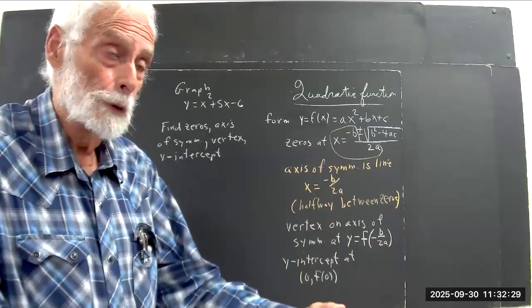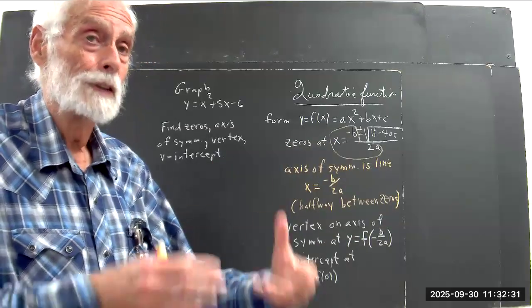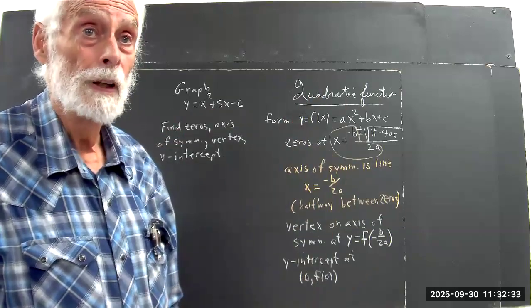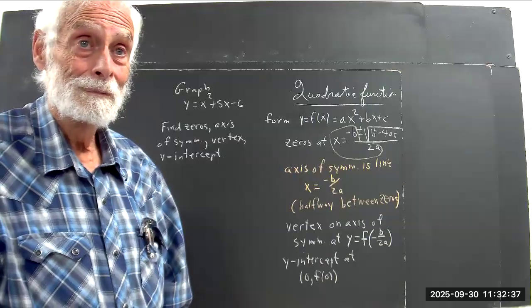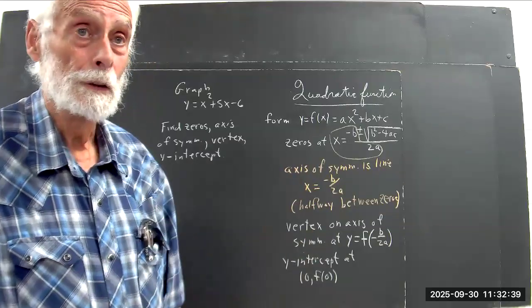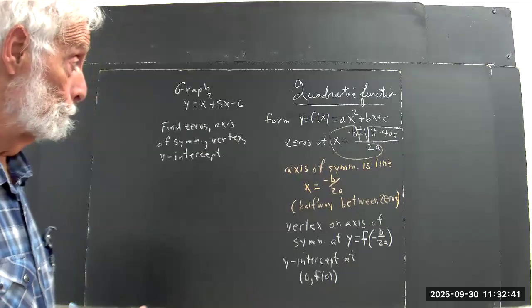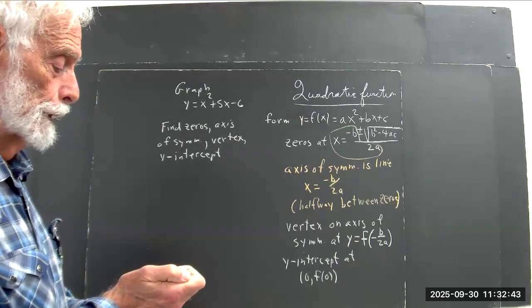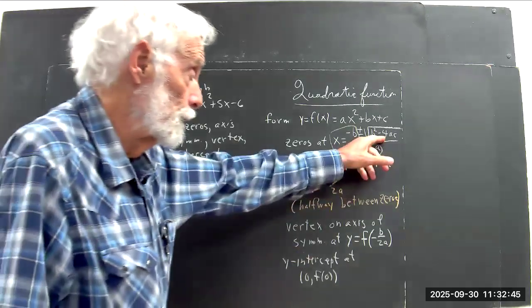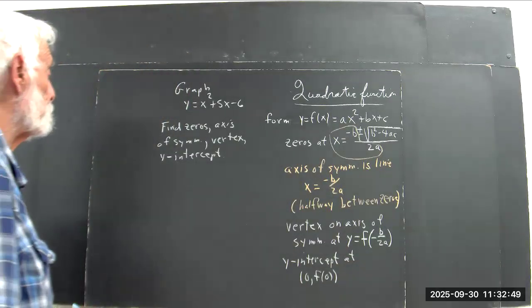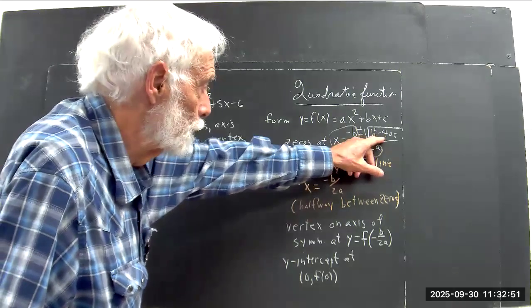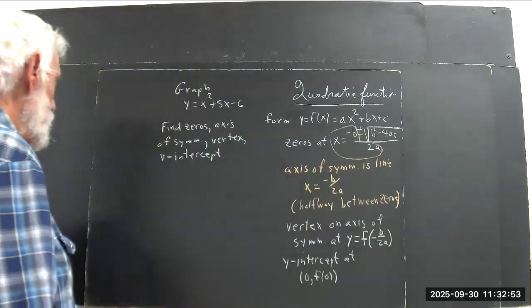If it's opening downward and part of it is above the x-axis, it's going to go through the x-axis again, and you're going to have zeros. The negative 4ac, compared to the b squared, takes care of that in a way that we're not going to try to detail.